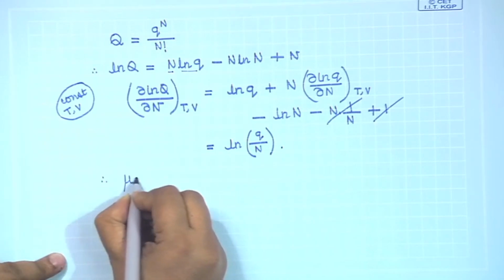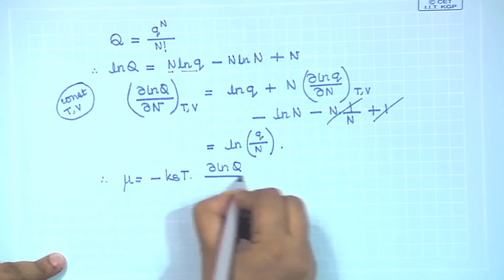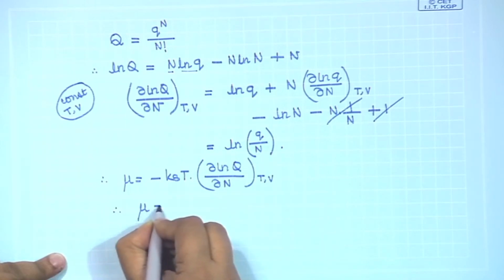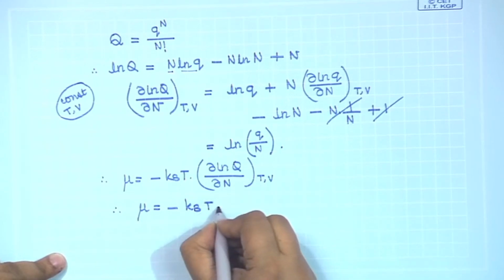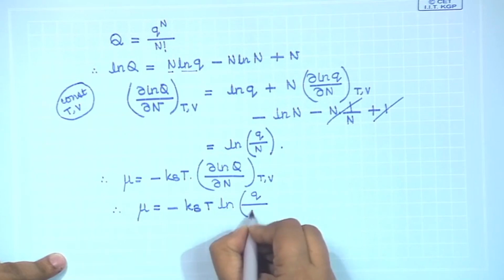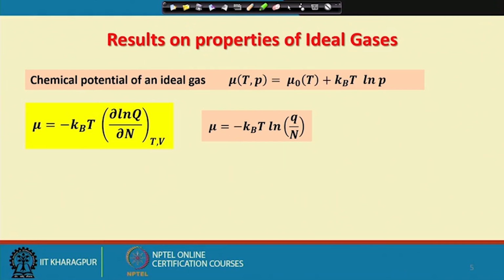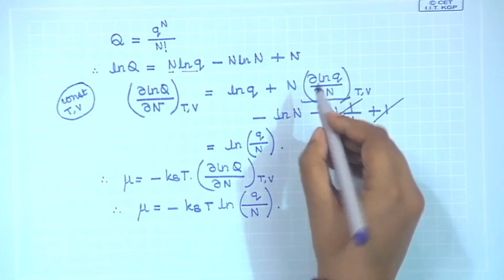Mu is given by minus kBT del ln Q by del n at constant T, V, and therefore I can use this result and say that mu is equal to minus kBT ln small q by N. So it is possible for me to write down that expression: mu is equal to minus kT times the natural logarithm of q by N. Now, please remember that in this expression I have assumed that this is 0.